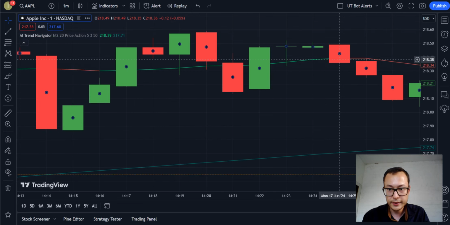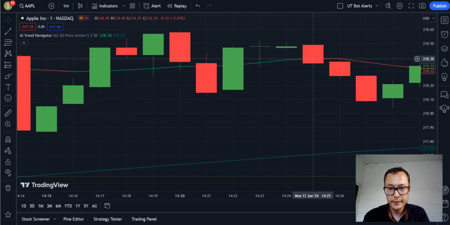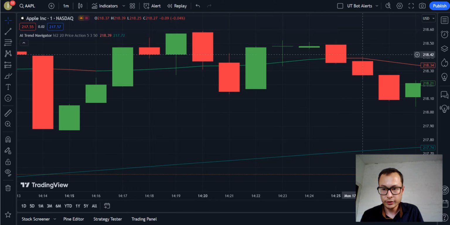And at 2:25 p.m. we would sell our Apple stock at a price of $218.49. So we sell it at a profit, and the AI Trend Navigator afterwards turns red. So the Apple stock price will go downwards from then on.